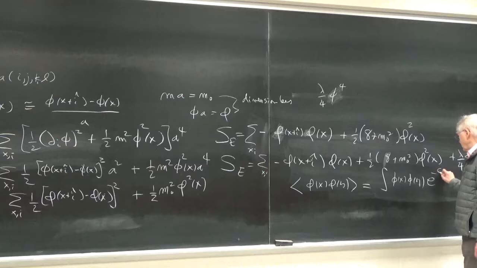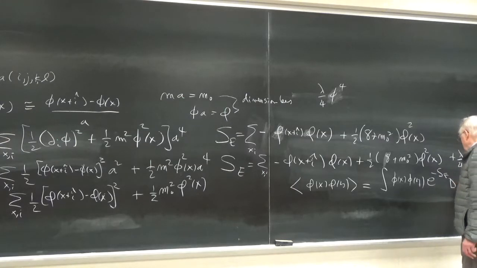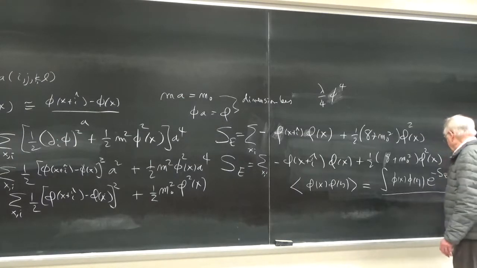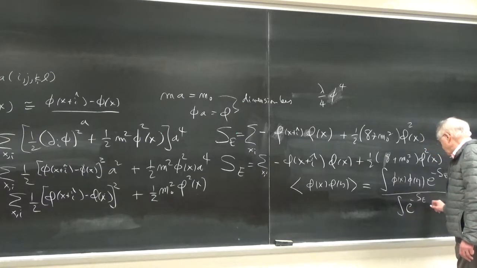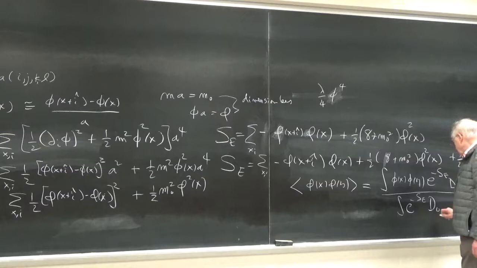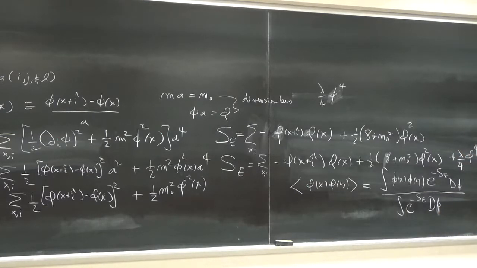It would be e to the minus Euclidean action d phi, and then it would be a ratio of path integrals. So it would look like that. Or equivalently, you could redefine d phi to include the denominator.